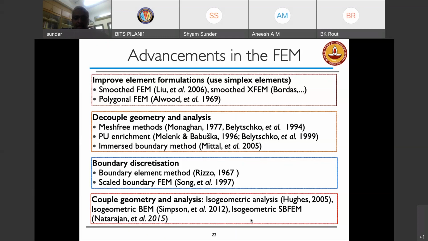But if you look at it from a bigger perspective, all these are in the Galerkin framework, except for the basket which is boundary discretization. The other three are based on domain discretization. In the sense that you can have a single framework, but by changing the way we write the approximation functions, we can get different methods, right?